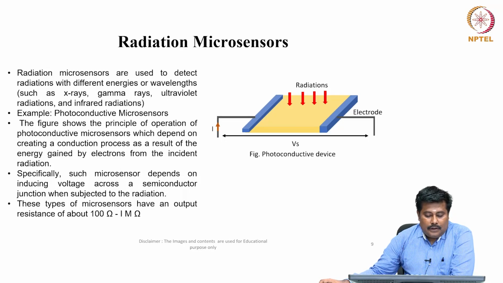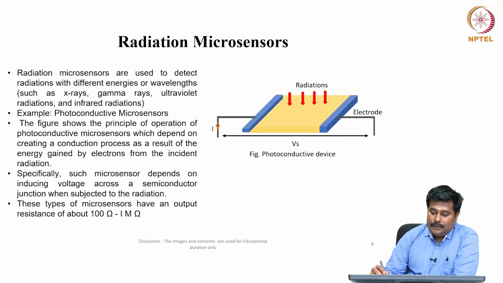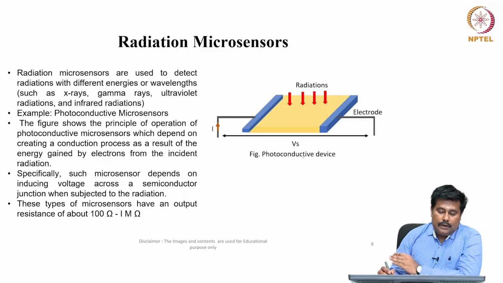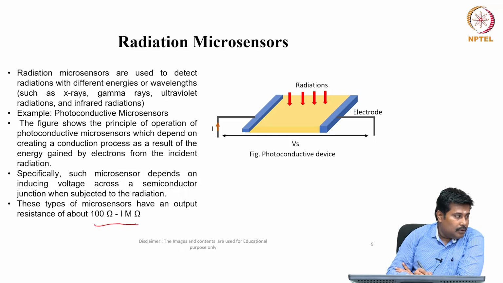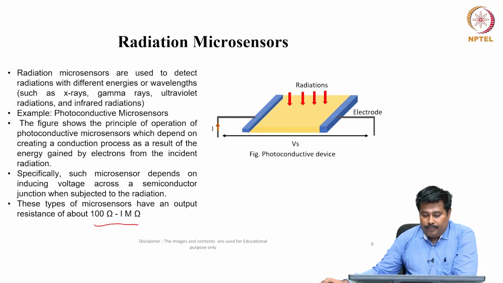This figure explains the principle of operation of a photoconductive microsensor, which depends on creating a conduction process as a result of the energy gained by the electron from the incident radiation. Such microsensors depend on inducing voltage across a semiconductor junction when subjected to the radiation. These types of microsensors have an output resistance in the range of 100 ohm to 1 mega ohm.